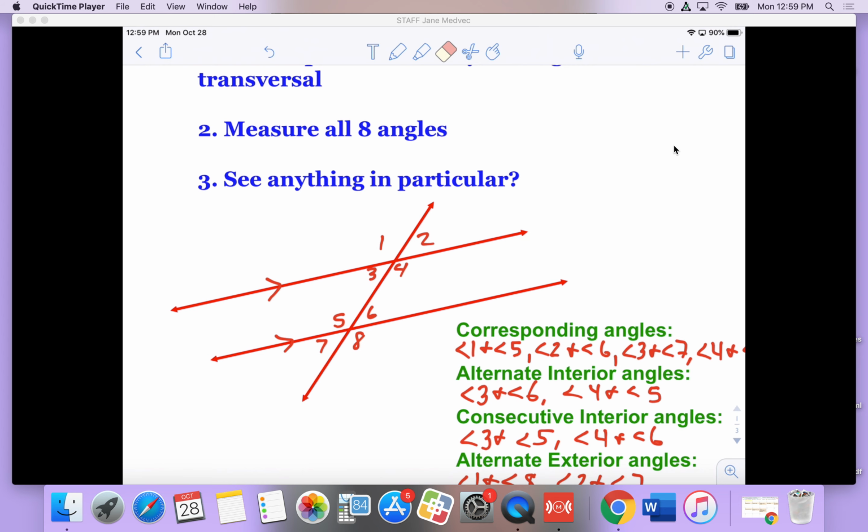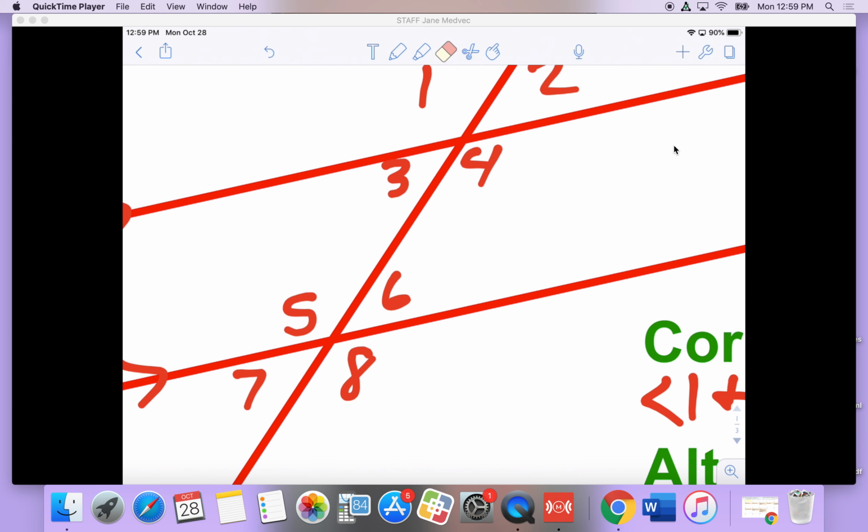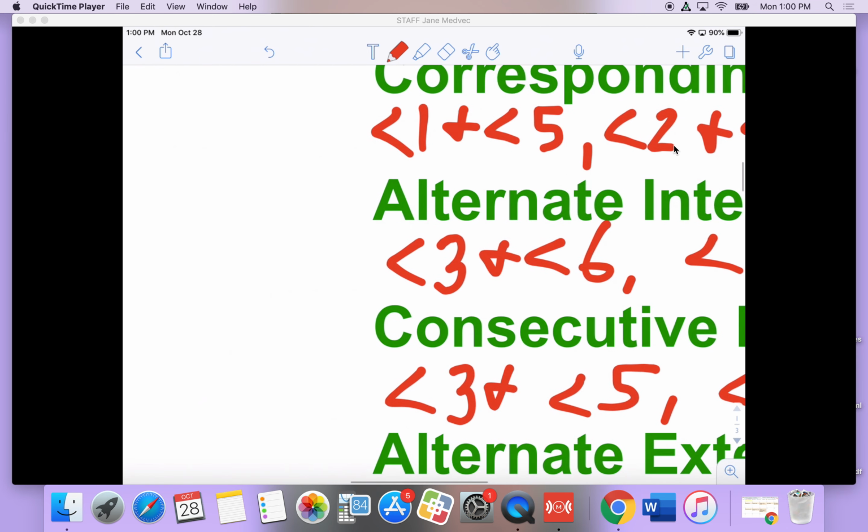They share those two same lines. That's correct, they do. But in relationship to their measure, if I take a look at angle 3 and angle 6, they look like they are the same, right? They look like they're congruent, and that is true. If I have parallel lines, alternate interior angles are congruent.